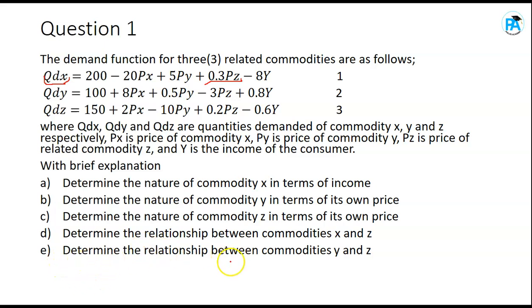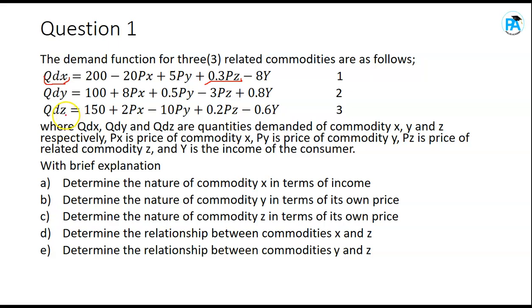E, determine the relationship between commodities Y and Z. Before I go to E, another way of checking X and Z is that you can check this last equation too: QDZ and price of X. Just like how you check QDX and price of Z, you can check QDZ and price of X. It's still positive. Have you seen that?